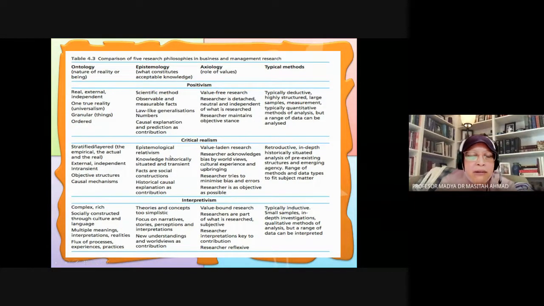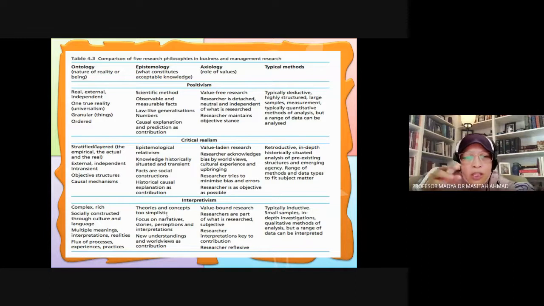And when it comes to critical realism, we have epistemological realism, and also we can choose knowledge that is historical, with status and transitions, and then we have facts, social constructions, and historical causal explanation as contribution. So we also might use one of these critical realism options for our epistemology. And the last one, under interpretivism, for epistemology in our business and management research, we can use theories and concepts to simplify.